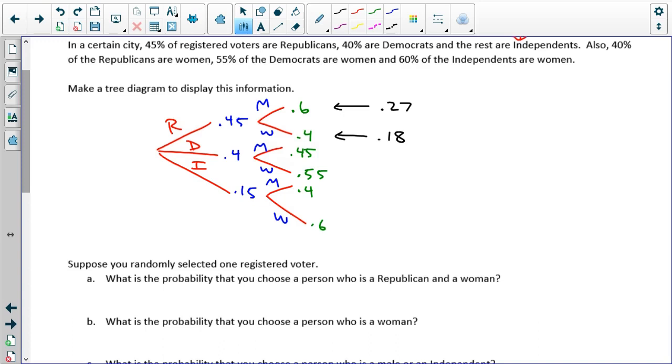Probability of a Democratic male is 18%. Probability of a Democratic female was 22%. Probability of an independent male is 6%. And an independent female is 9%.